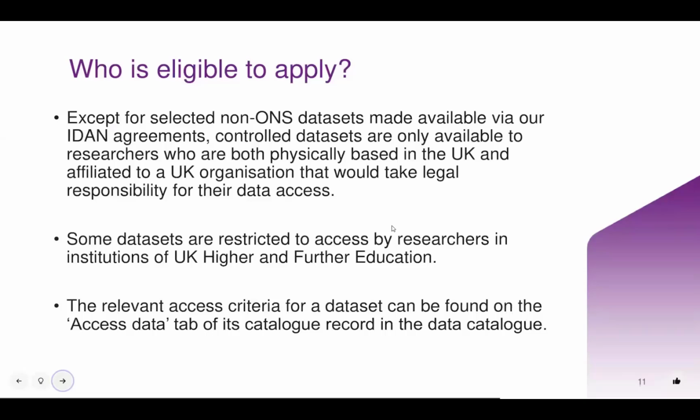Additional restrictions might apply to some data sets. Some of them say that researchers need to have an affiliation with a UK higher education institution. We are all here having this affiliation. And I will show you next how we can see the actual access criteria for a data set.